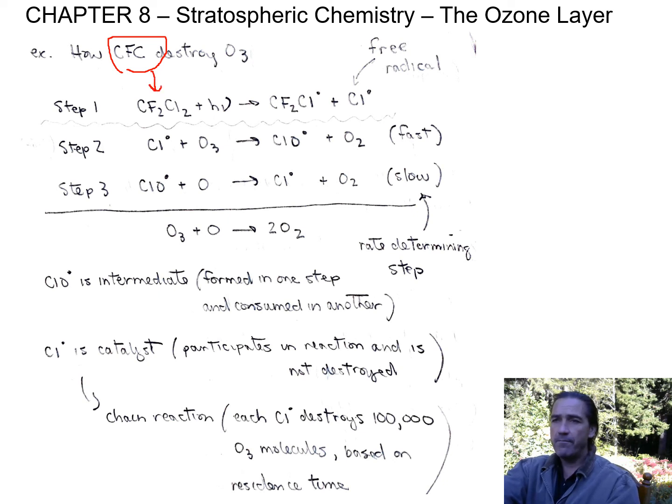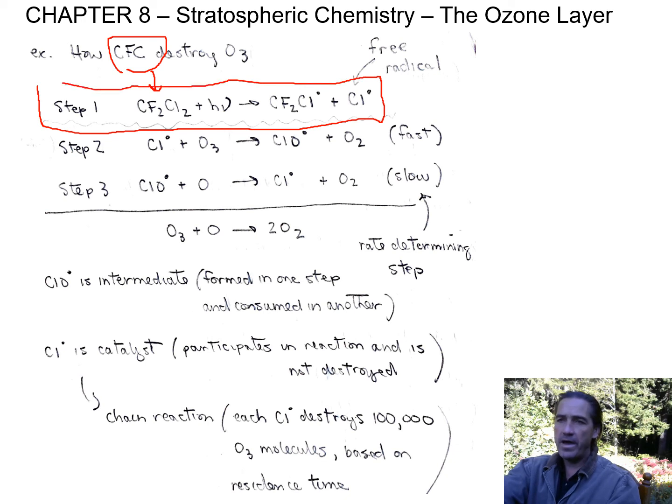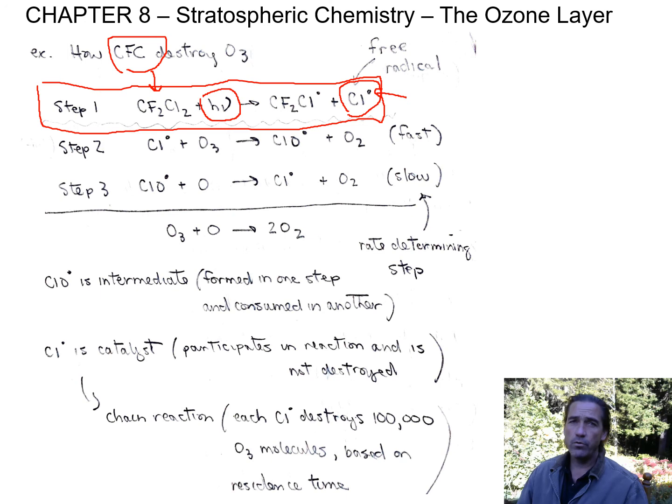So the first step is where the freon gets into the stratosphere and reacts with, say, ultraviolet radiation to form free radicals. Now, a free radical is an atom or molecule that has a lone electron. We know that electrons like to be paired. That's how they're stable.